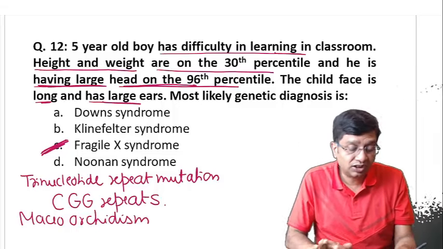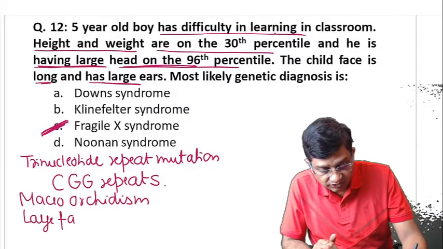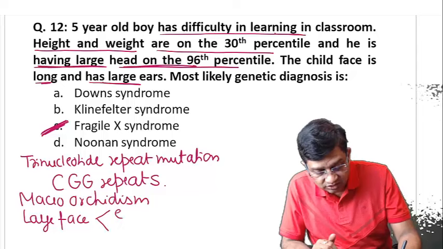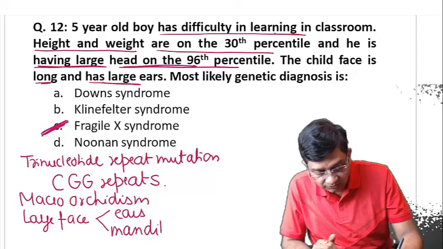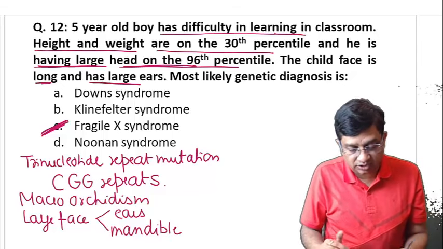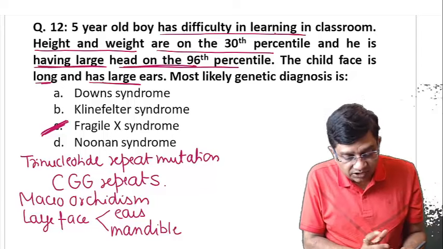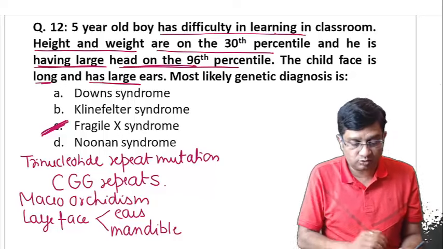Apart from this, there is a large face, and this large face is due to large ears and a large mandible. Clear? So this is one of the features here, and we are going in favor of Fragile X syndrome.